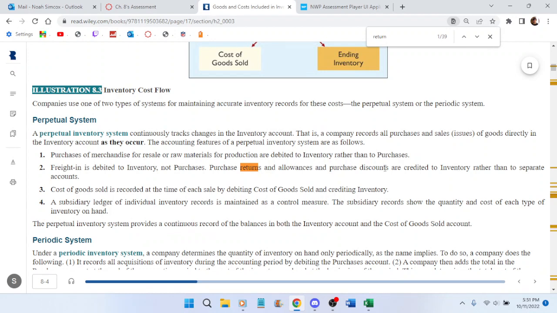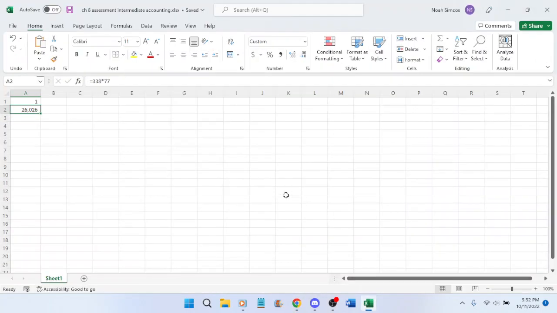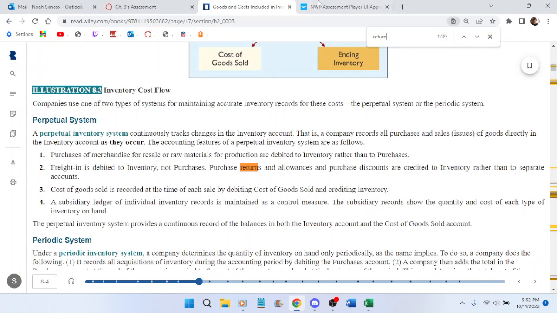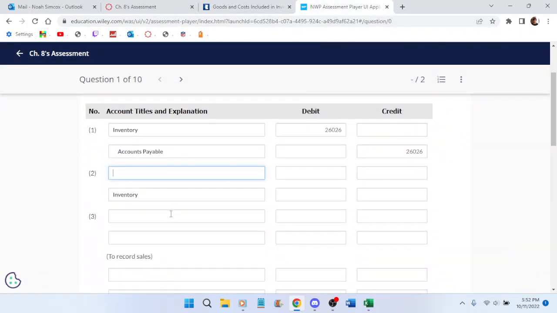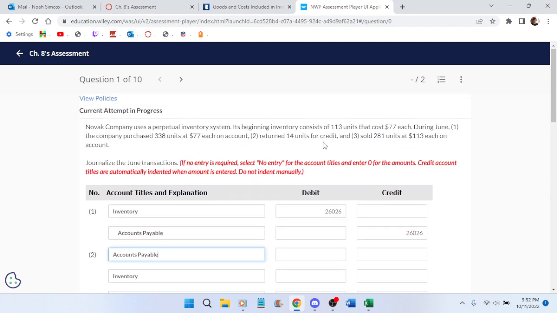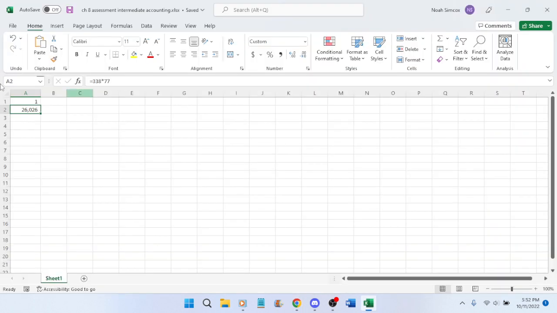You must debit accounts payable, right? Hopefully that's what I do. Please tell me that's correct. So anyways, it was 14 units, so it must be the same amount. So 14 times 77. $1,078.